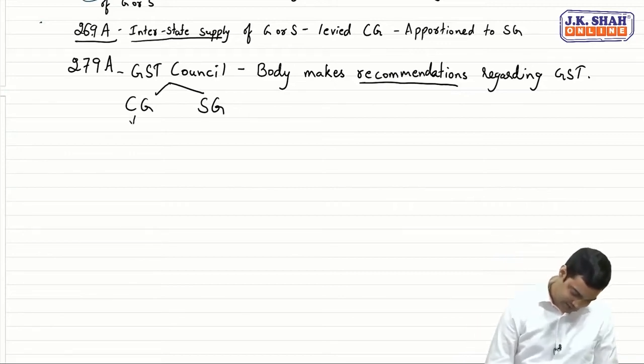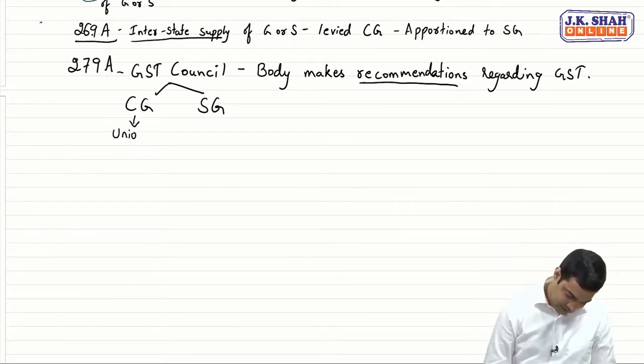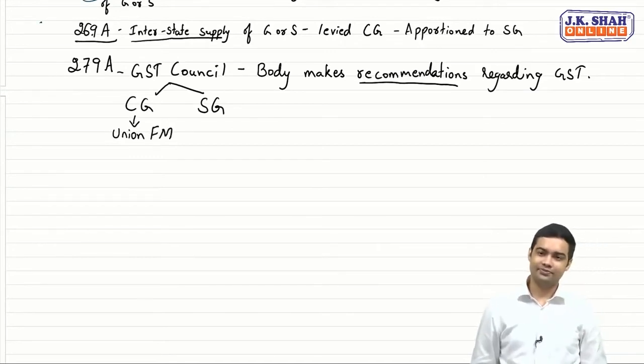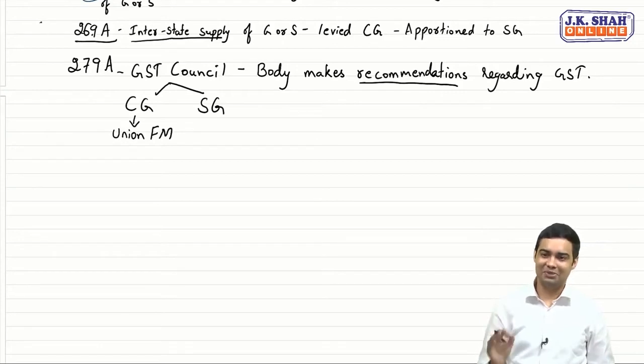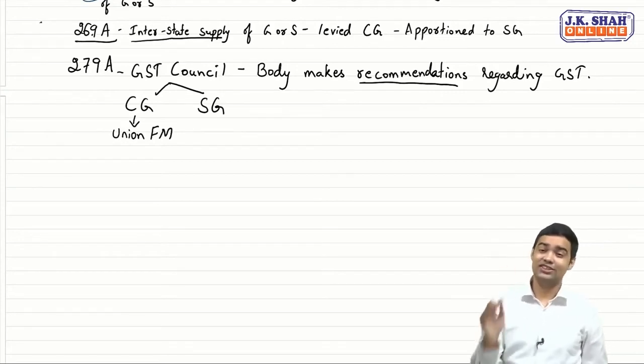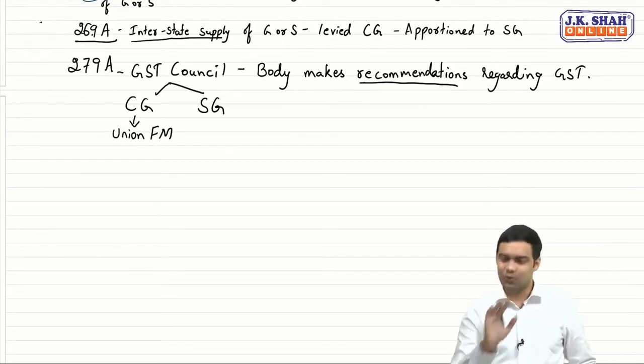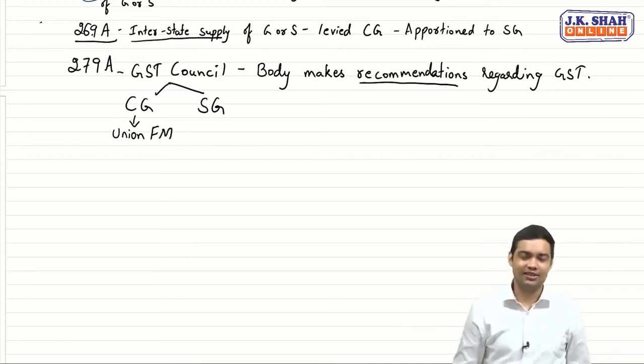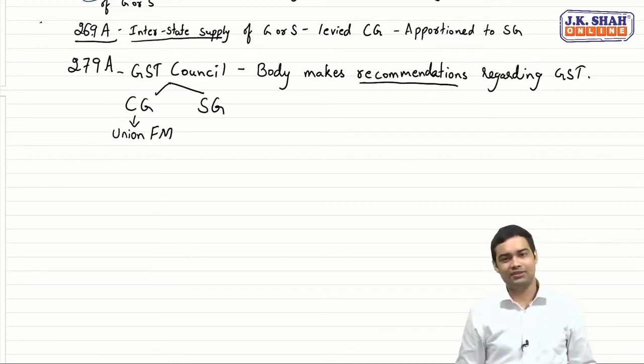Central government is represented by Union Finance Minister Nirmala Sitharaman at present. She is also the chairperson of the GST Council. Whoever is the Union Finance Minister, that person is the chairperson of the GST Council.